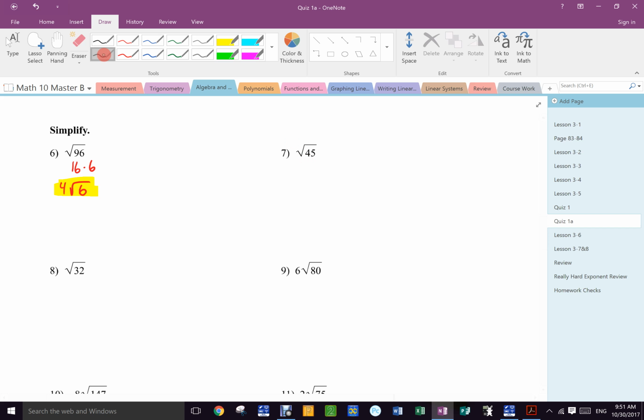This one, 9 and 5, so it's 3 root 5. Do I care how you got there? No. This one, 16 and 2, so it's 4 root 2. This one, 16 and 5, yeah? What's the square root of 16? So what comes out? What was already there? So it's 24 root 5.